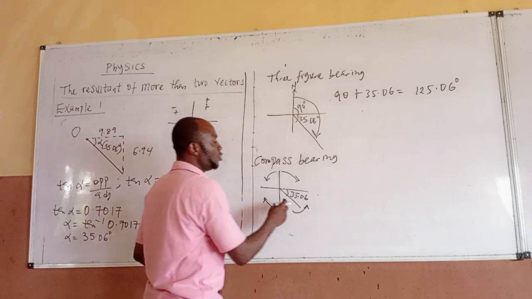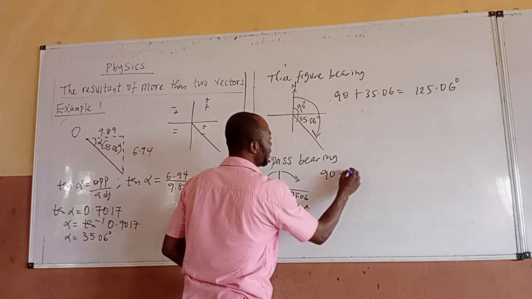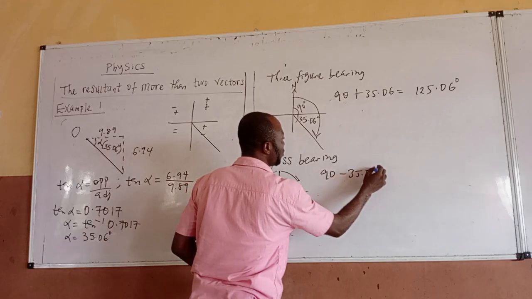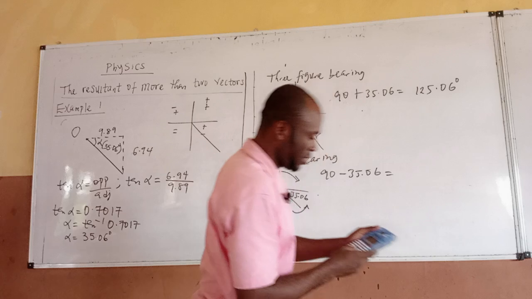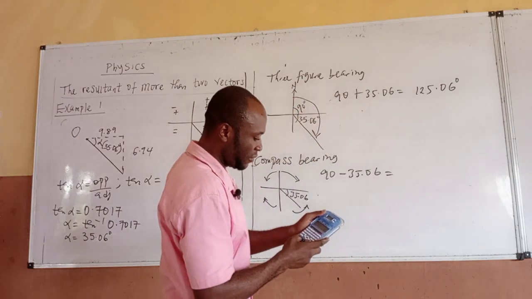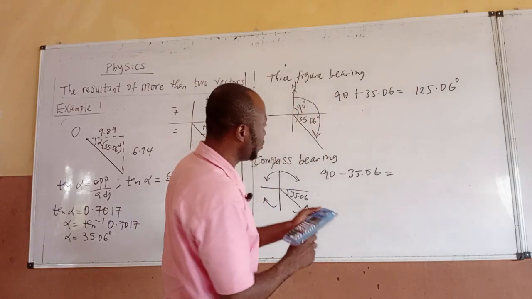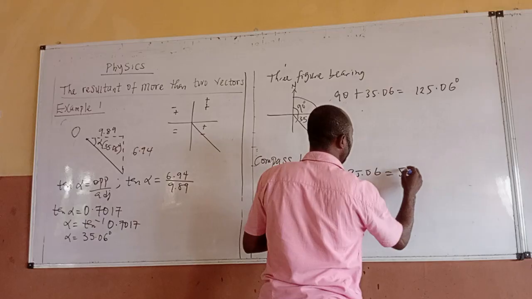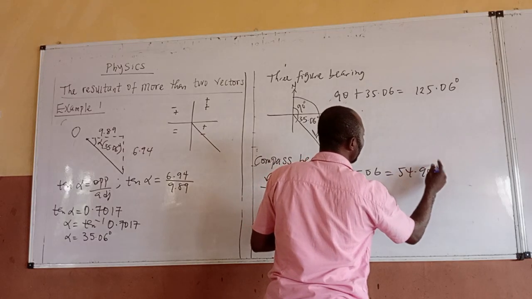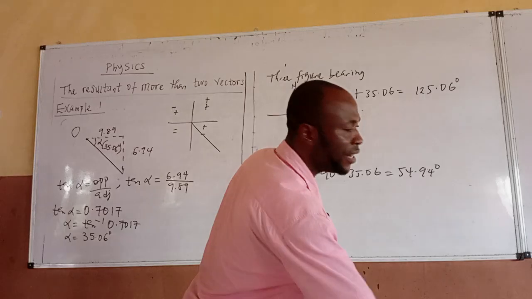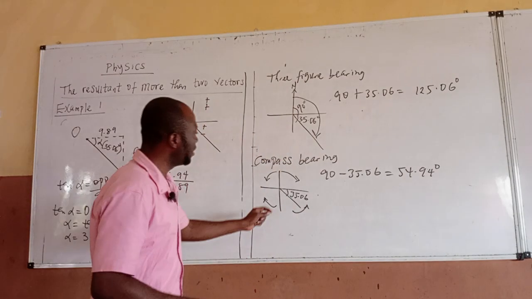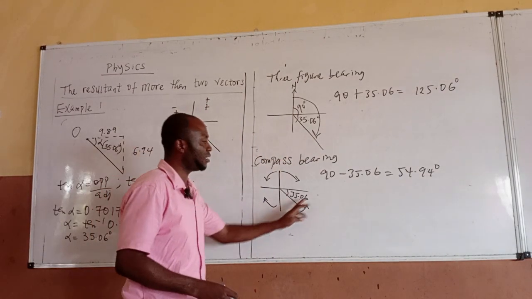Then to get that place, you do 90 minus 35.06. So 90 minus 35.06 will give you 54.94 degrees. You are now going to put the direction. You can see this place is called the southeast.